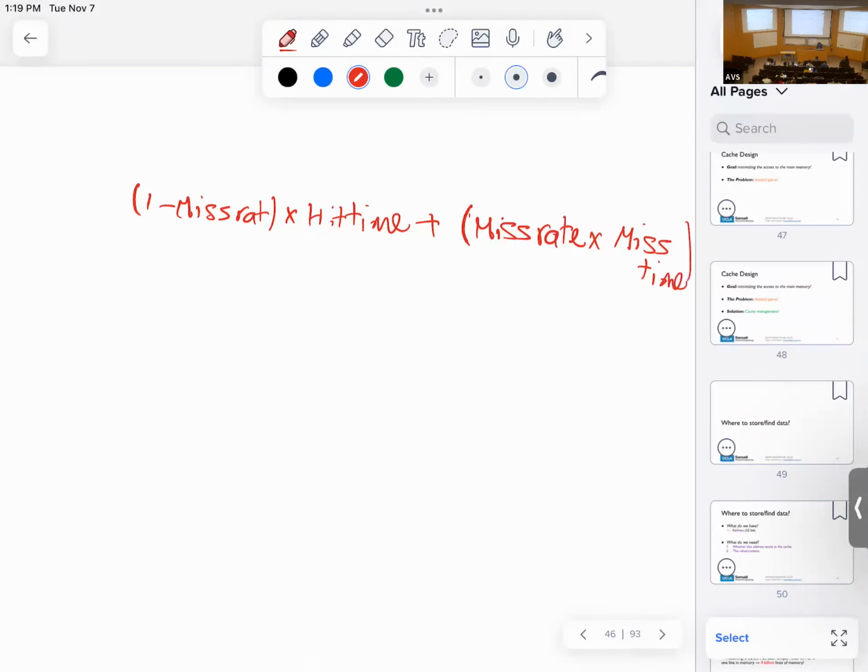But then the trick is this miss time itself is equal to hit time plus miss penalty, okay?